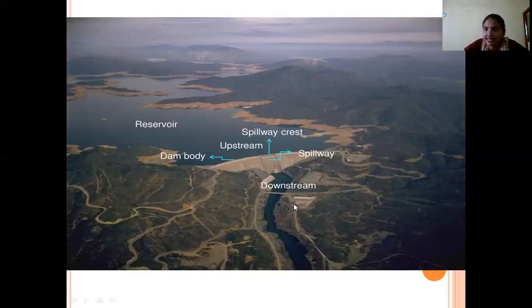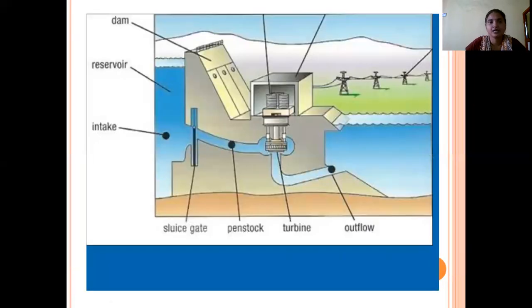So, for releasing water, we construct the spillway. Through the spillway, the water is released to the river from the reservoir. So, majorly it is the reservoir, dam, spillway crest, and downstream. The reservoir side is called the upstream, and the releasing side is called the downstream.